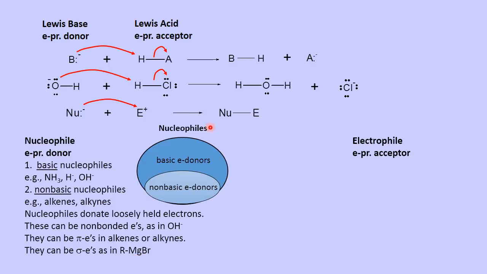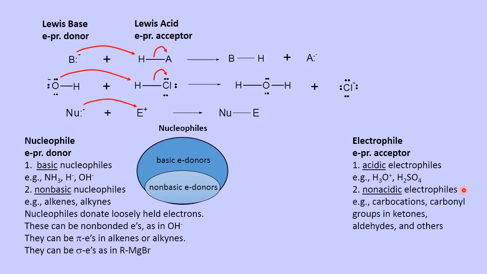Nucleophiles are electron donors. They could be basic nucleophiles, bases, or they could be non-basic electron donors. Similarly, let's look at some electrophiles. We can have electrophiles that are in fact acids. They are acidic electrophiles, like, for example, hydronium ion and sulfuric acid. But there are also electron acceptors, electrophiles, that are non-acidic, such as carbocations.